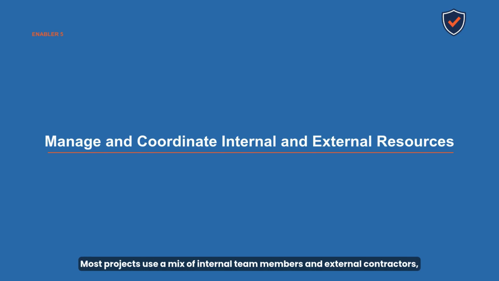Most projects use a mix of internal team members and external contractors, vendors, or consultants, and the exam tests how the PM manages both. Internal resources are managed through the organization's HR processes. External resources are managed through contracts, and contract management is a separate but related discipline on the exam.